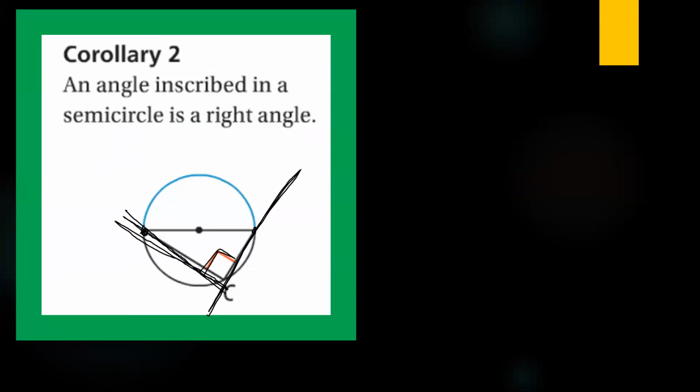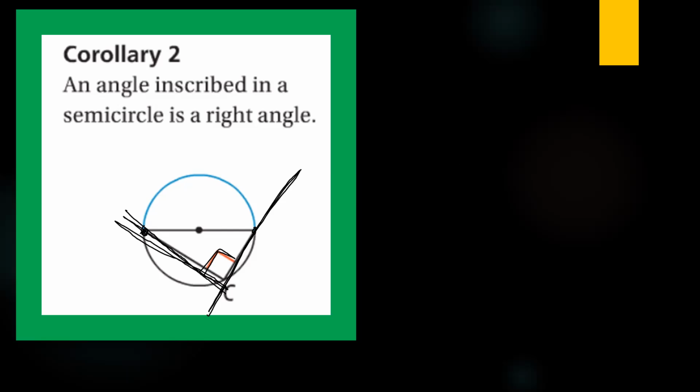So for any semicircle, its inscribed angle is a right angle. So this is our corollary number 2.